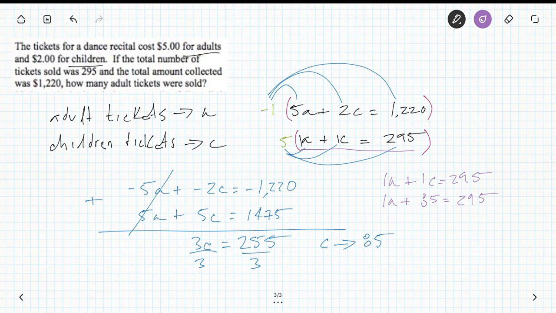Now this is a simple algebra equation. What you want to do is subtract 85 from both sides. And then I'm going to have adults equals 210. Okay, so in this dance we had 85 children and 210 adults.